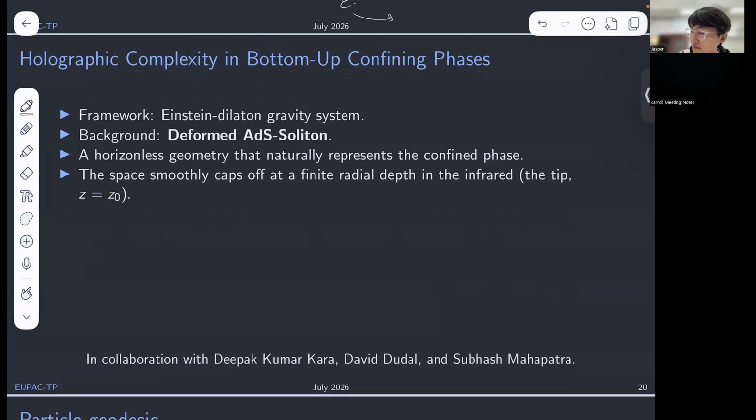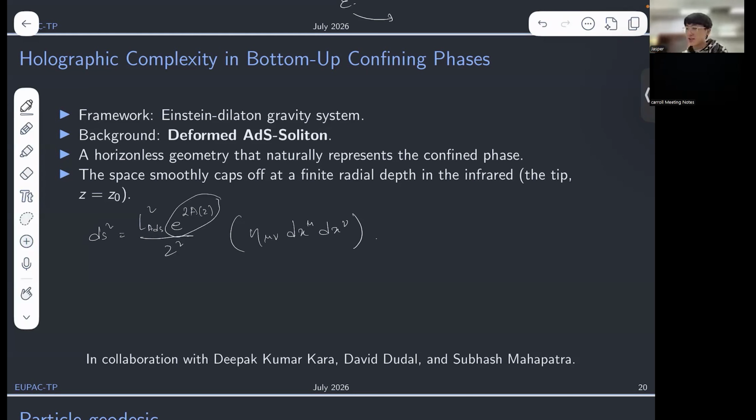Instead of the usual Poincaré coordinate, we use a new metric, and this space is deformed by this exponential factor.